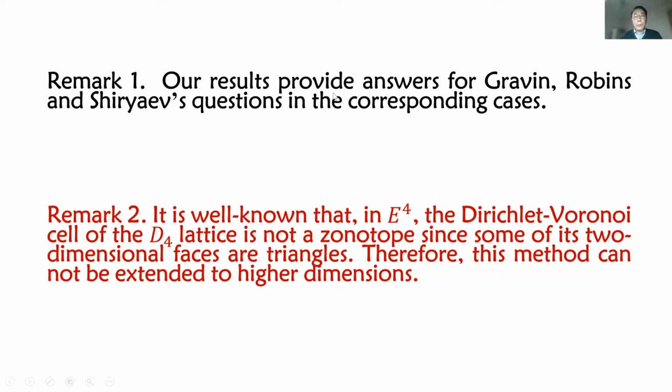So anyway, up to now, we have some results. Our results provide answers to Gravin, Robins, and Shiryaev's questions in the corresponding cases. This partial result also suggests that the first question of Robins and his co-authors seems rather too ambitious.